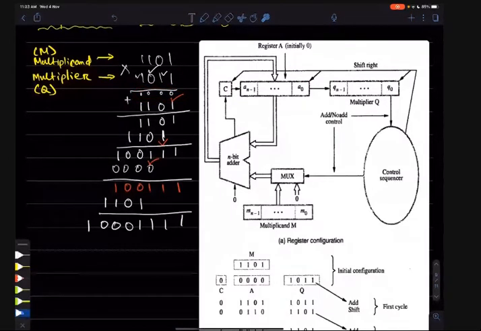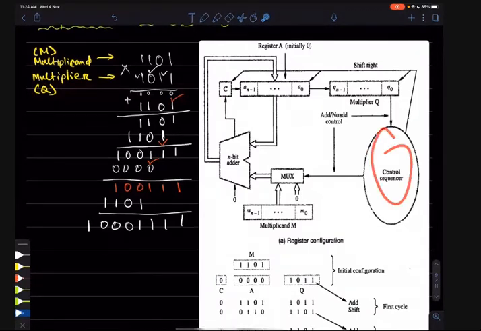There is also an extra flip-flop which contains only 1 bit, which is called C. C is nothing but the carry bit, the name comes from carry. If any carry appears in this adder circuit, it will go here. Our arrangement is done.